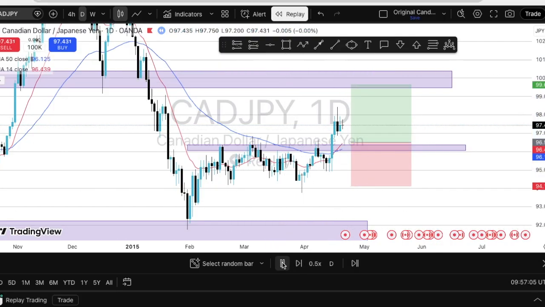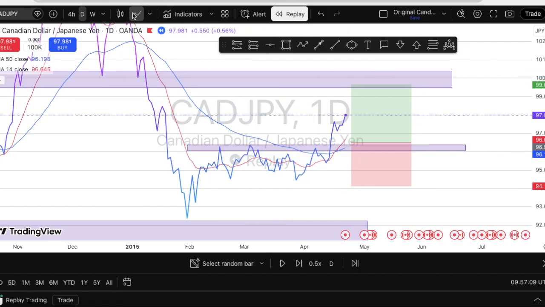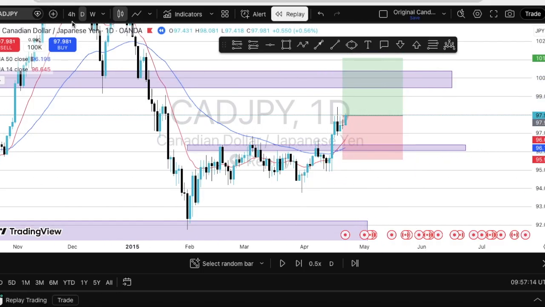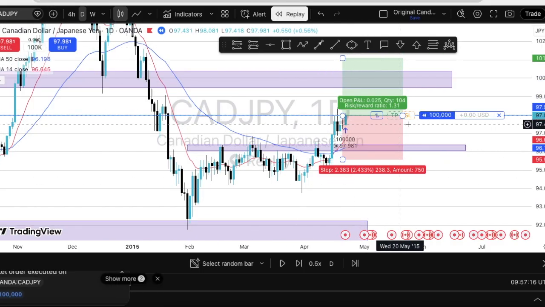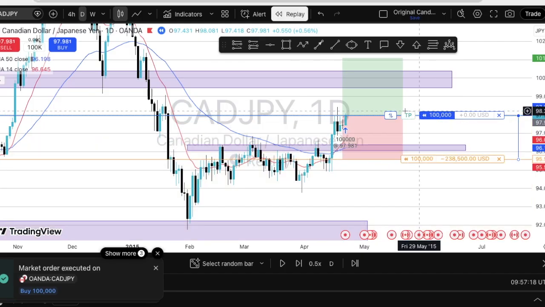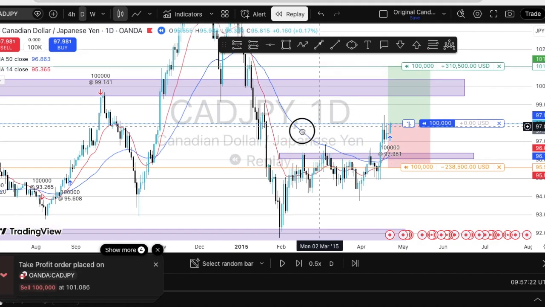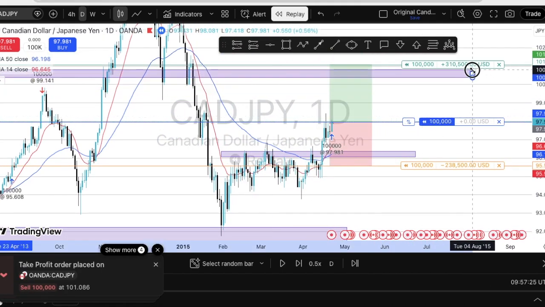Let's see what happens. Okay, let's look at the line chart here because I'm a bit confused. Okay, that's my trade. I'm going to choose that and then I'm going to enter. Stop loss here, TP somewhere up here, back to those highest points.